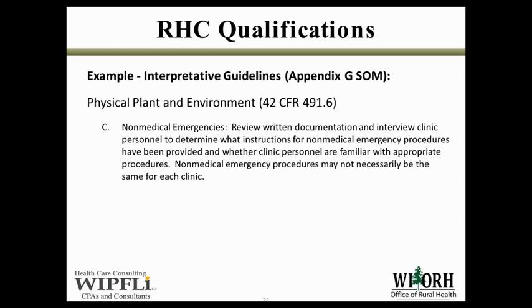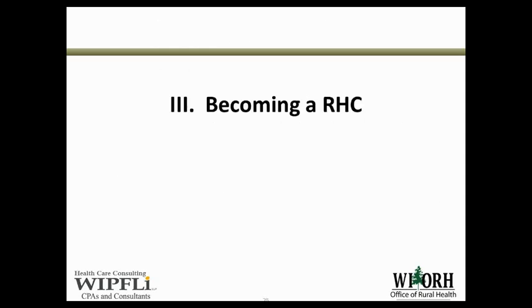And the surveyor will test the staff by doing interviews during their survey in order to determine whether or not the staff are compliant with this particular requirement. And this, again, is just one example of what you would find if you were to look at that Appendix G of the State Operations Manual that further explains each of the previous qualifications for a rural health clinic.